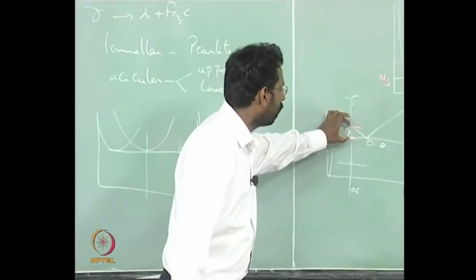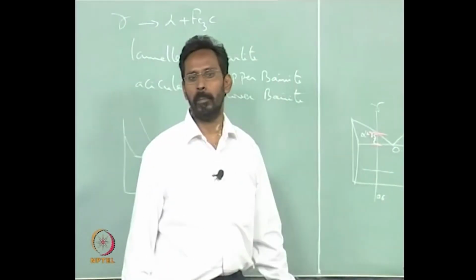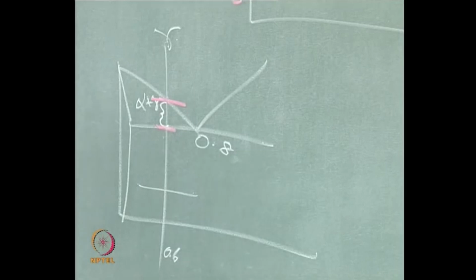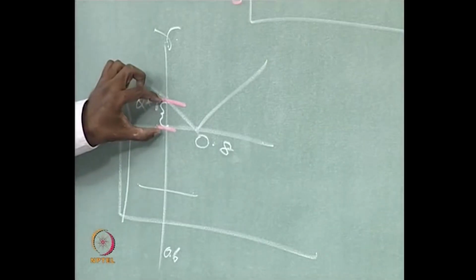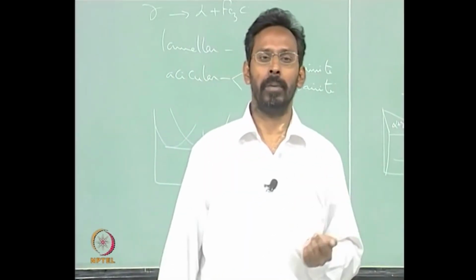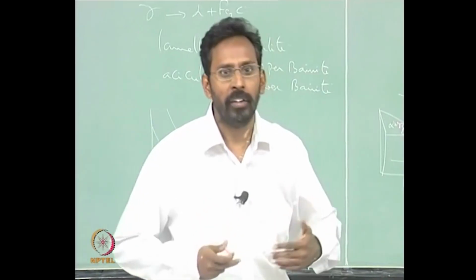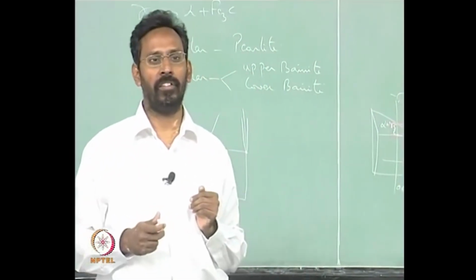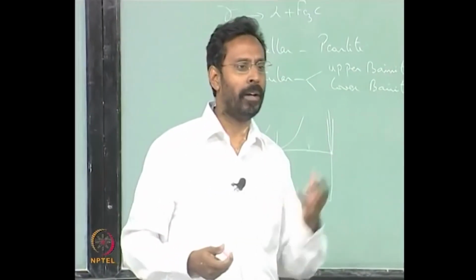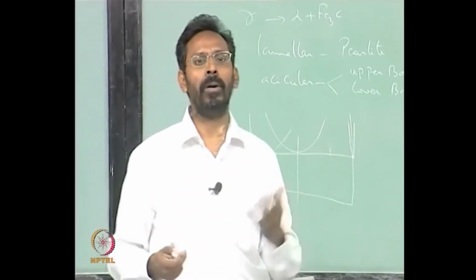And in that range there is a certain temperature difference between A3 and A1. If I am cooling it faster, the time taken for crossing this range is going to be shorter, and if you are crossing that intercritical range very fast, the time available for the alpha to come out of gamma is going to be smaller.